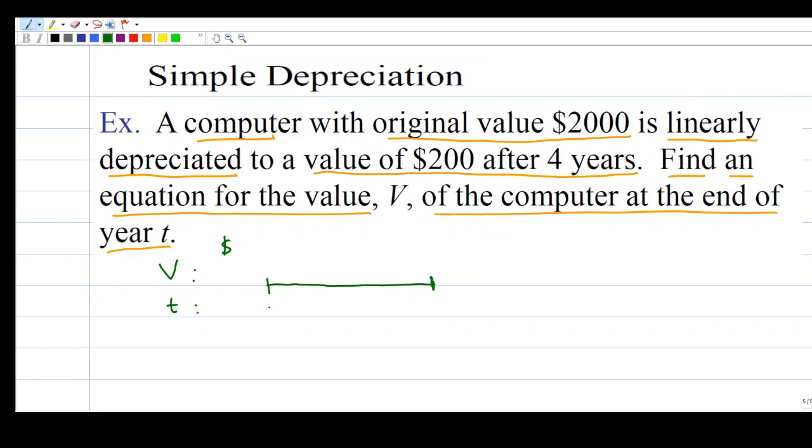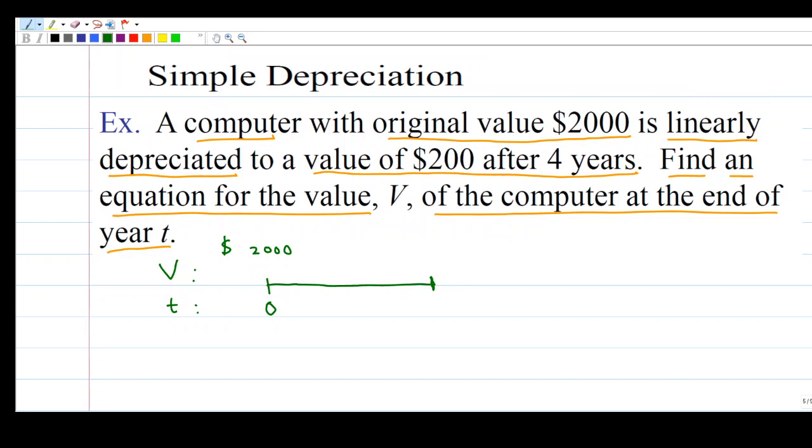So when time, the input variable, is 0, the original value of the computer is $2,000.